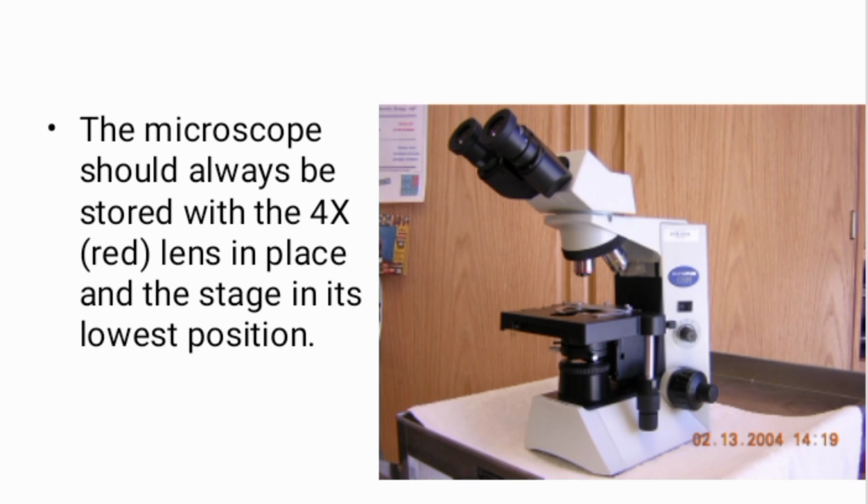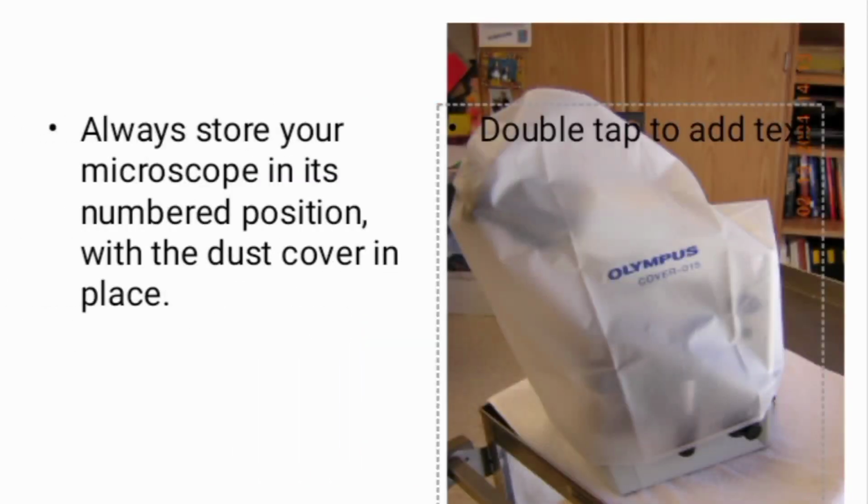So after using your microscope, you should return the objective lens back to the shortest one, which is the 4 times magnification, and also the stage to the lowest position. Please take note of this procedure. Always store your microscope in its numbered position with the dust cover in place.